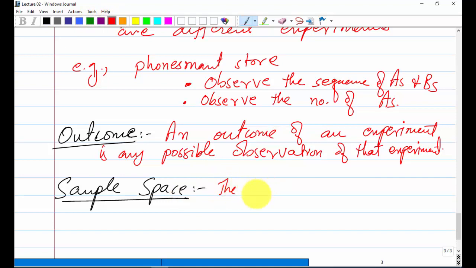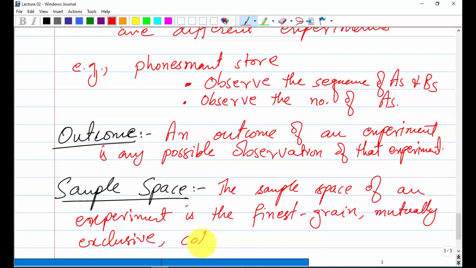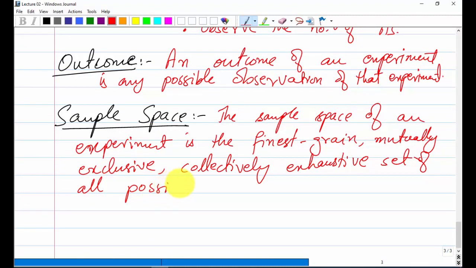The sample space of an experiment is the finest grain, mutually exclusive, collectively exhaustive set of all possible outcomes.